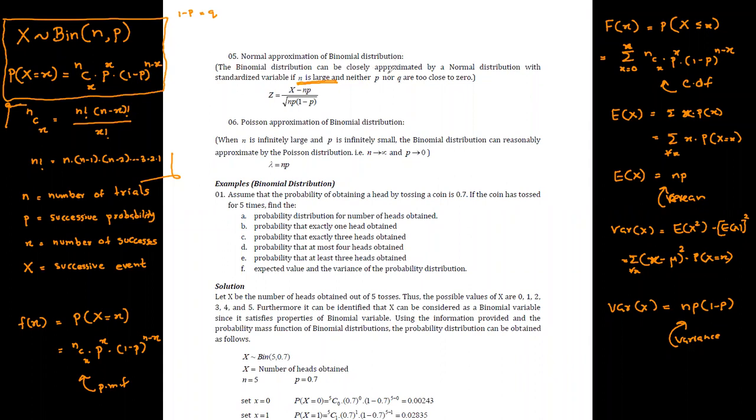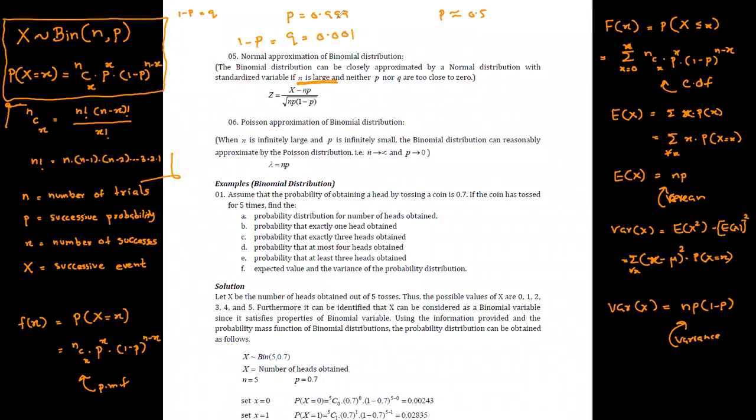You may be curious why I say that P is nearly about 0.5. It is because, suppose P is equal to 0.999, then Q, which is equal to 1 minus P, will become 0.001.